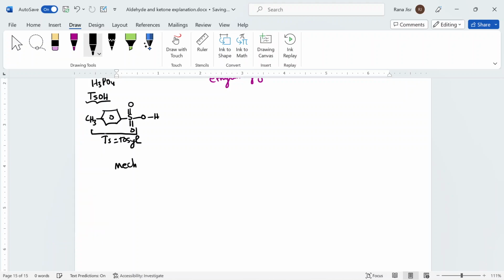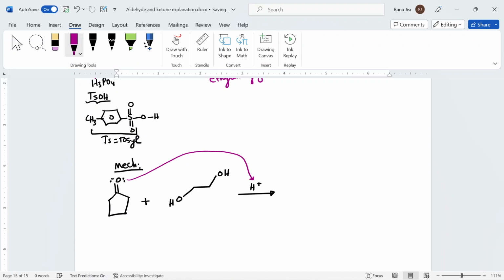So for the mechanism of the reaction, you are responsible for, here you go. So you have your carbonyl, and we are reacting this. We're going with the same steps in there, and the formation of the hemiacetal is going to be our guide, okay? So the first step in the reaction is the protonation of the oxygen before the alcohol attacks.